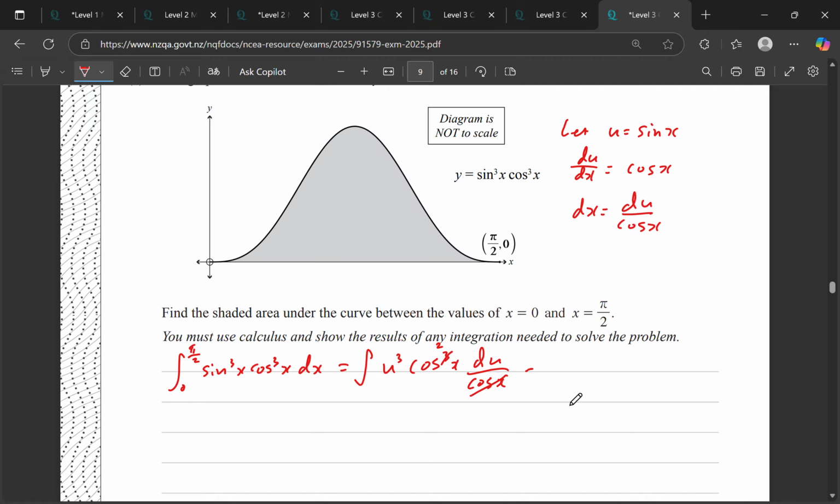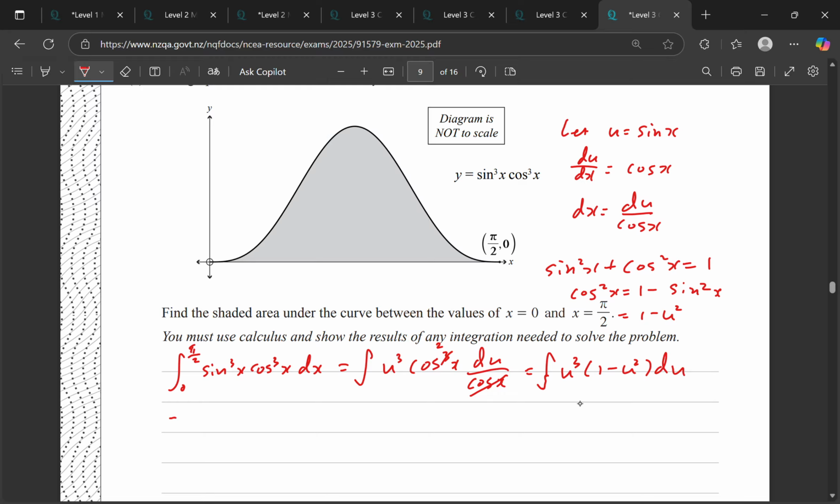As you know, sine squared x plus cosine squared x is 1, so I can rewrite cosine squared x as 1 minus sine squared x. In this case sine x is u, so I can say 1 minus u squared. So that is u cubed times 1 minus u squared du.